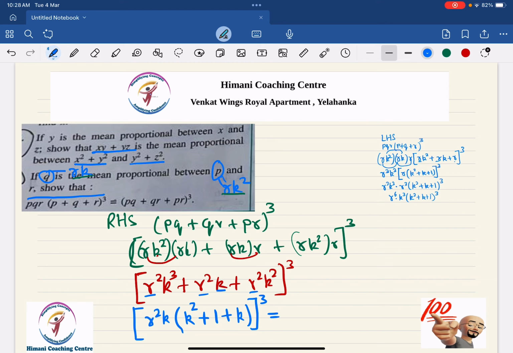Which means R square K whole cube times (K square plus 1 plus K) whole cube. Now R square cubed will be R to the power 6, K cube would be just K cube, and we have (K square plus 1 plus K) whole cube.